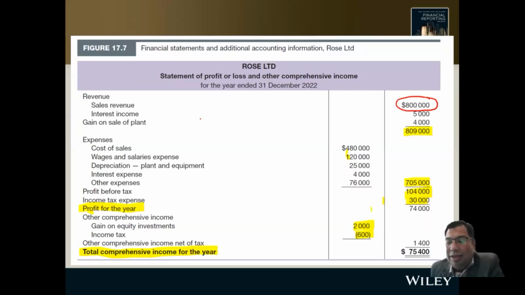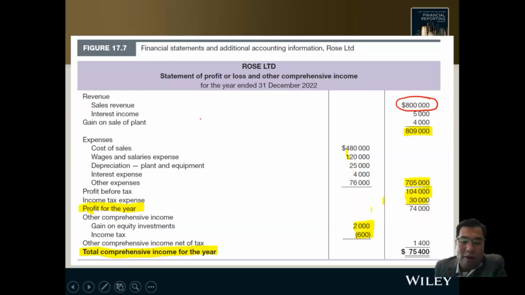But you're not sure whether all this 800,000 is cash sales or credit sales. From 800,000 as your total sales does not mean you receive 800,000 in cash. Some of them might be given a credit facility and they can pay maybe in 30 days or 20 days. So all these sales are not necessarily cash sales.